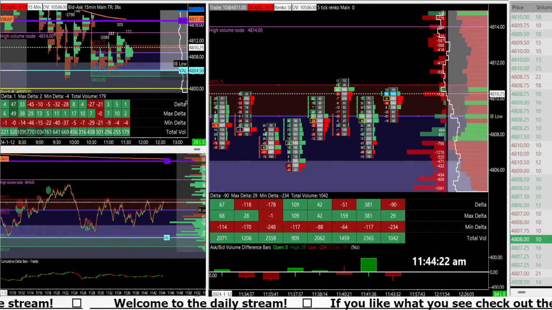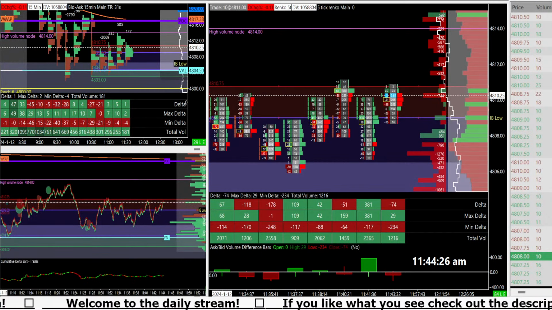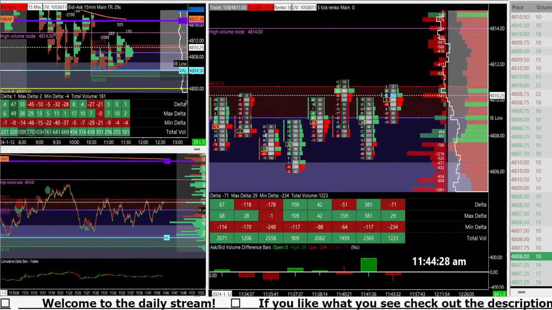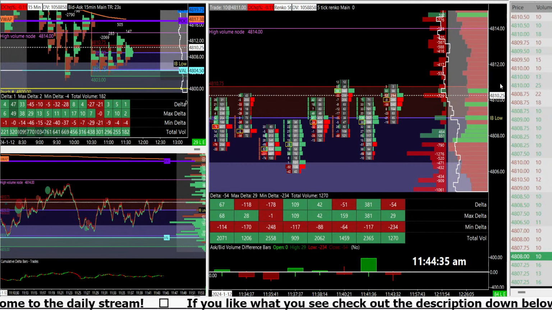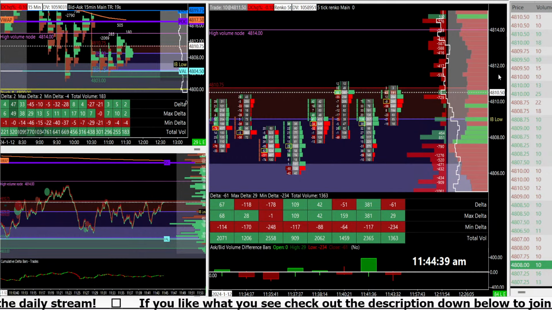You can also do some DOM studying. The DOM is really useful. I don't use it at all. You can kind of see the footprint of the DOM, but the DOM is just noise to me.